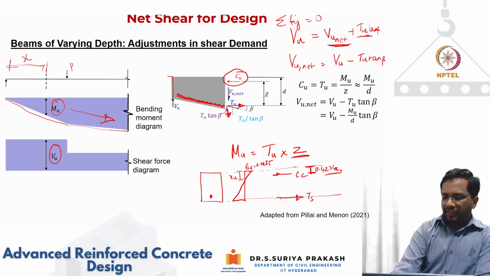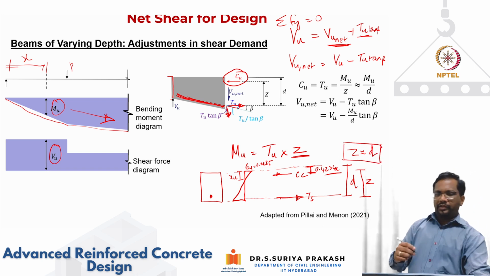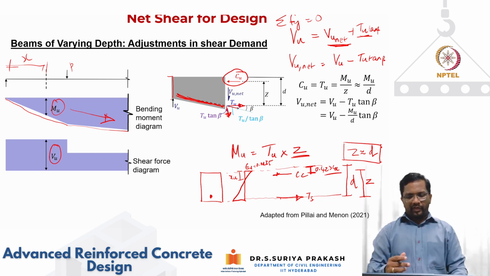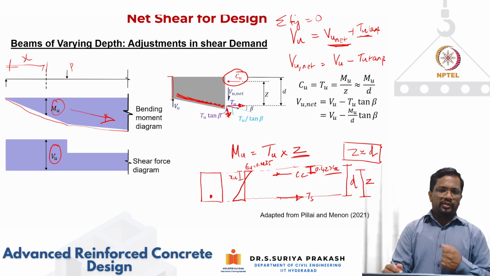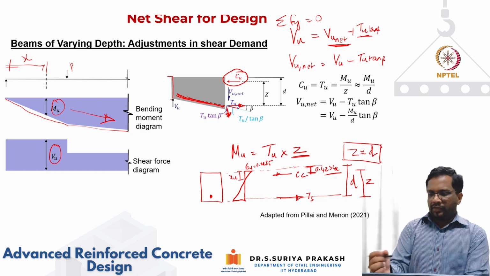So you can say that this distance is actually d, and this is your lever arm, and the lever arm is going to be nearly equal to your effective depth for an under reinforced section. When your reinforcement levels are limited, this is an approximation that we are making. So the lever arm will be nearly equal to your effective depth. So that is the reason.